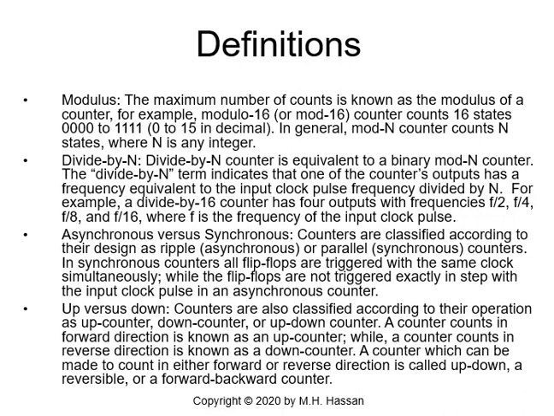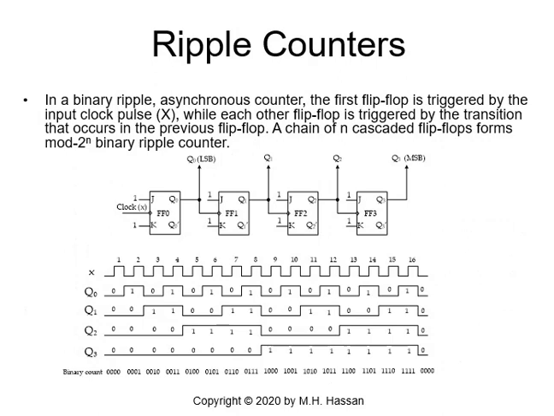A counter that counts in both directions is called an up-down counter or forward-backward counter or reversible counter. So you may have an up-down counter, which will serve many applications. Now let's look at the ripple asynchronous counter.